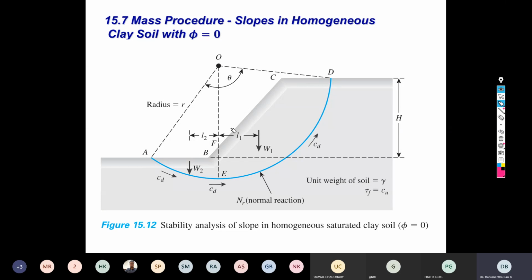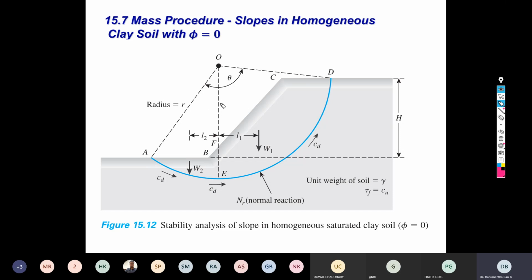For example, here I can take two kinds of equilibrium. The first is summation of all the forces in the horizontal direction and summation of all the forces in the vertical direction. The second is summation of all the moments.